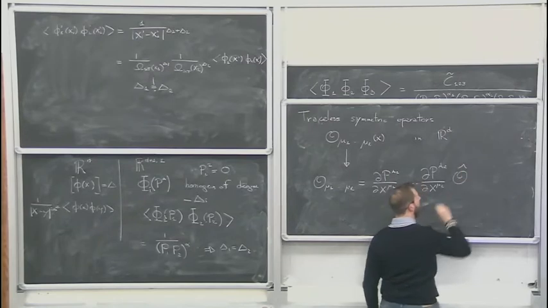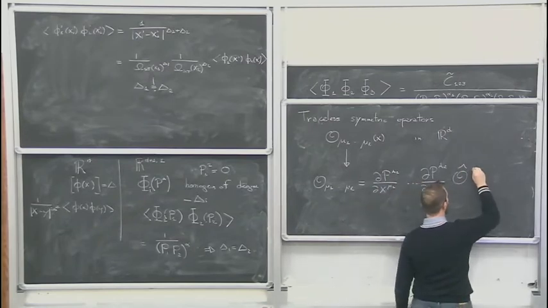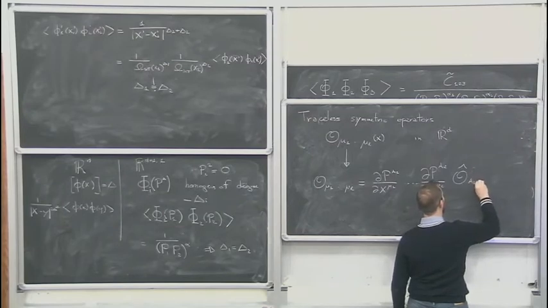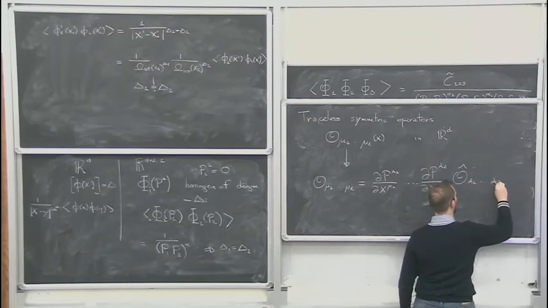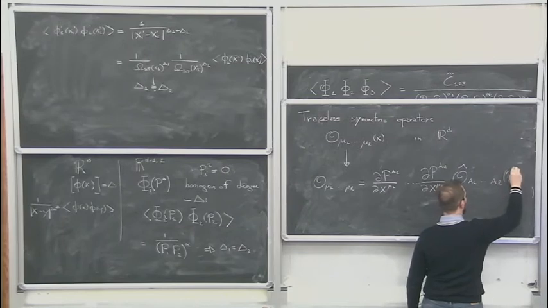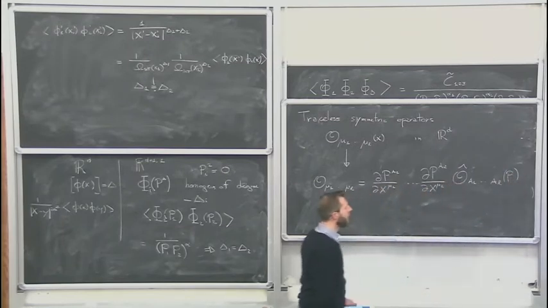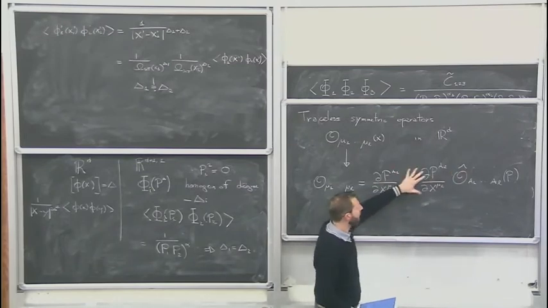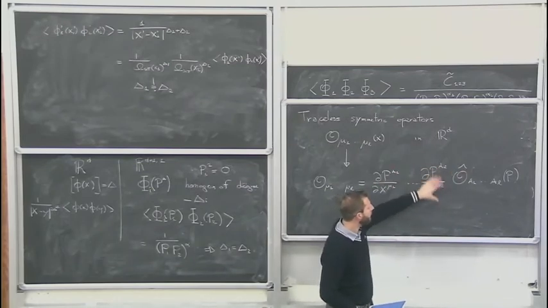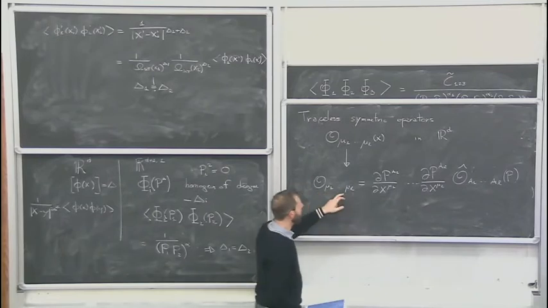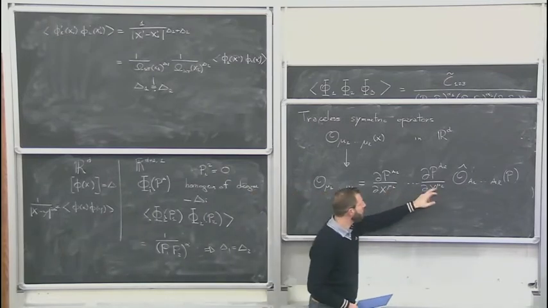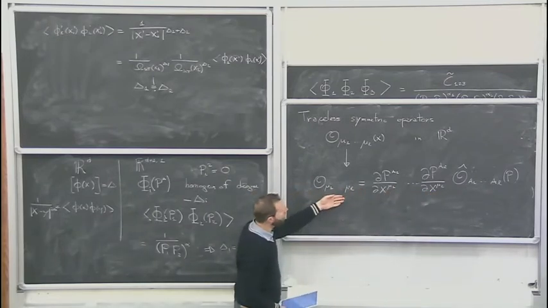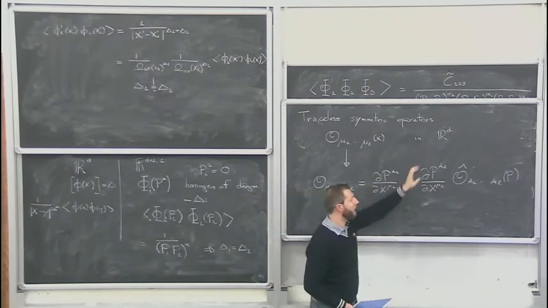Let me denote O hat the operator in embedding space, O hat A1 through AL of P. Okay? So given an operator in the embedding space, you can multiply each index by this quantity here, and you obtain an object that has mu1 through mu L indices, and you will call this object your operator living in D dimensions.